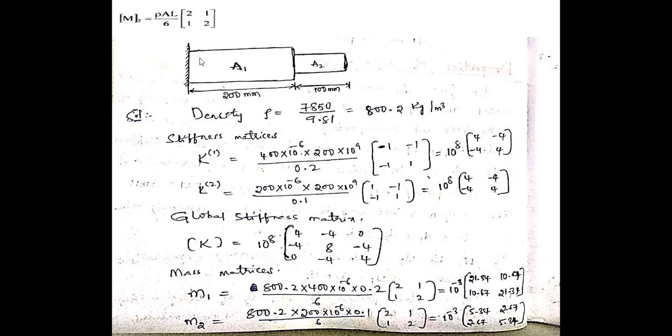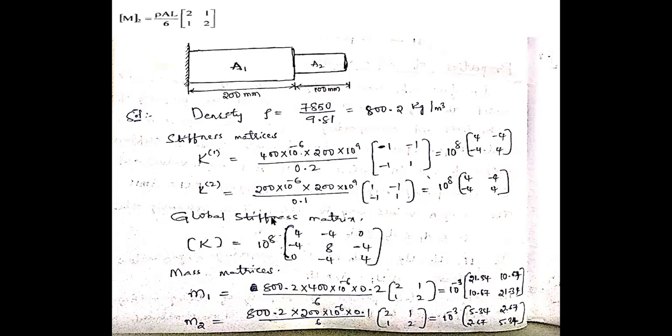To find the global stiffness matrix, first we have to find the first element stiffness matrix and the second element stiffness matrix, that is K1 and K2. Once we get K1 and K2, we combine them to get the global stiffness matrix.